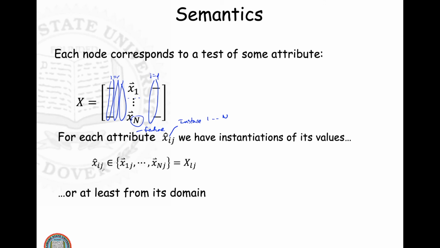And so x_ij is going to take on values: x_1j, that's the first instance's feature j, the second instance's feature j, up to the nth instance's j-th feature. And so for all of the attributes in d dimensions, we're going to have n occurrences of a value. And this is going to be the domain of that random variable.